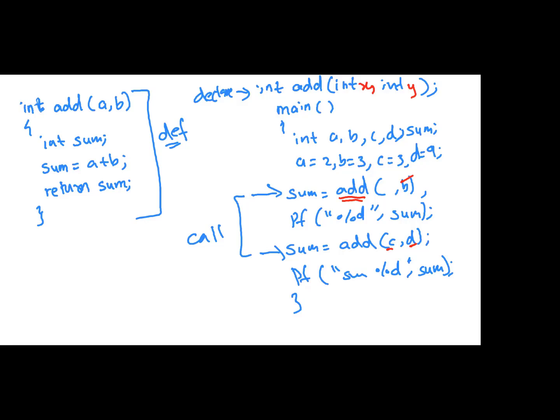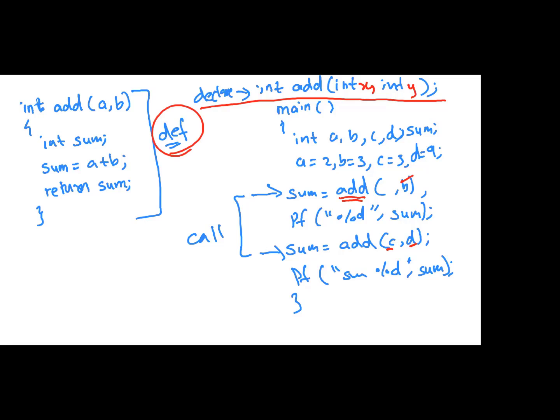So by declaring here, what I'm saying is, I will have a function where the type is int, then the name of the function is add, then I will have two parameters passed, that are of type int x, int y; the variable names don't matter. Then you define the function.